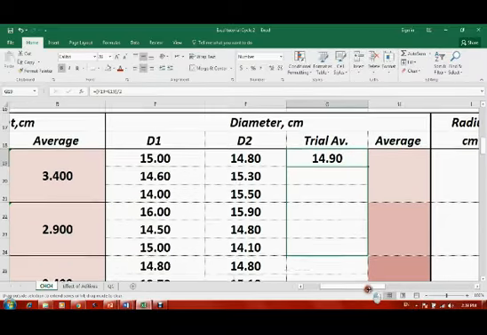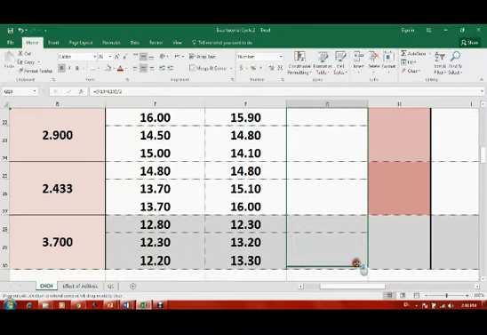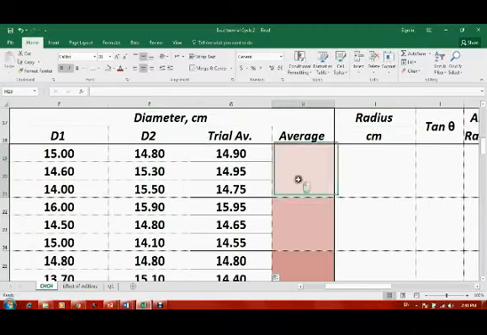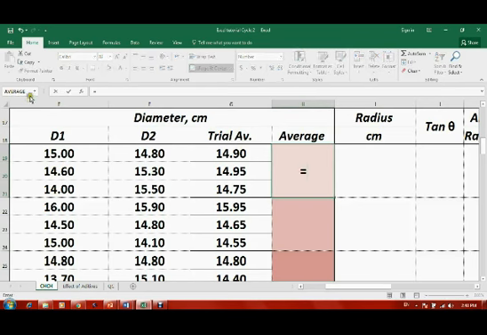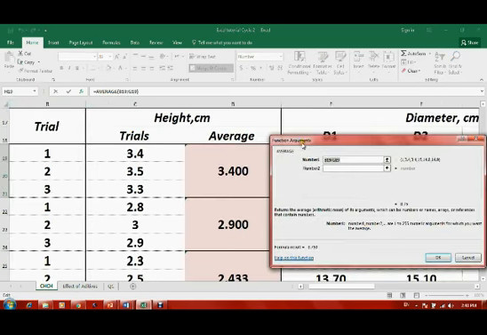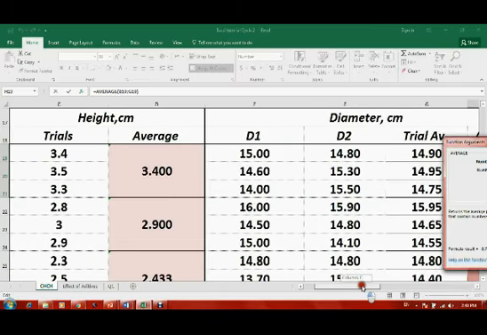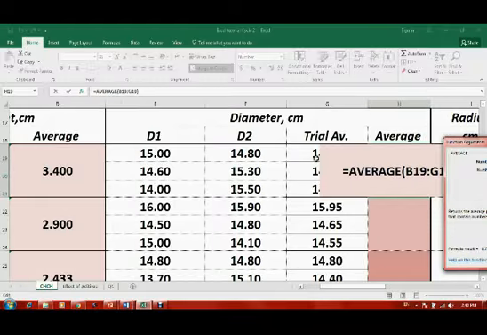After doing so, we need to calculate the average of these averages for each granules or lactose. Then the overall average diameter will be equal to the average of the 3 averages from each trial. Again, as you can see.